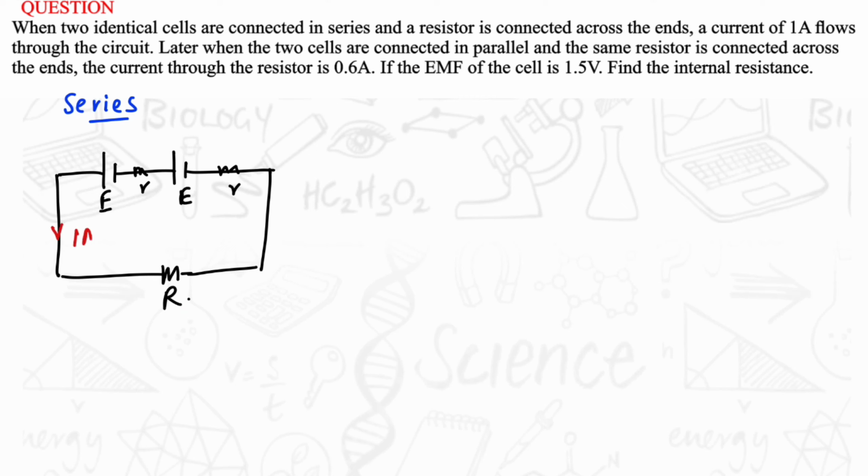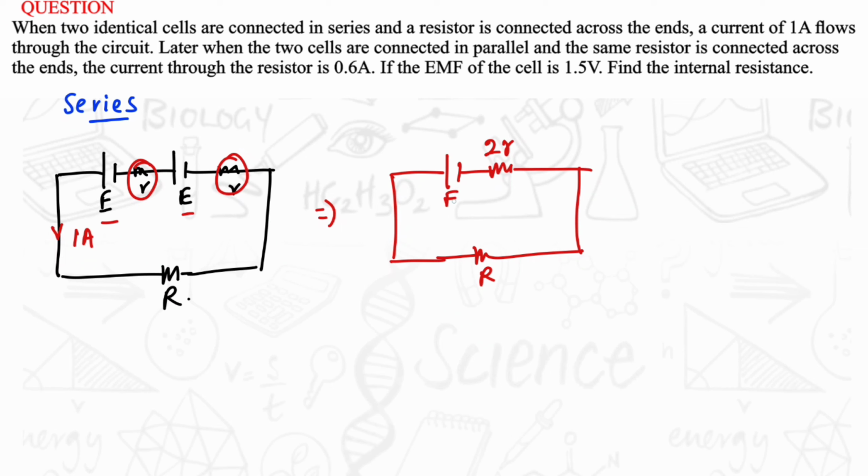So here, instead of these two cells, we can represent using a single cell. The external resistance is R and the internal resistance, since you have two resistors, will be 2r. You have two cells, that will be 2E, and the current will be 1 ampere.